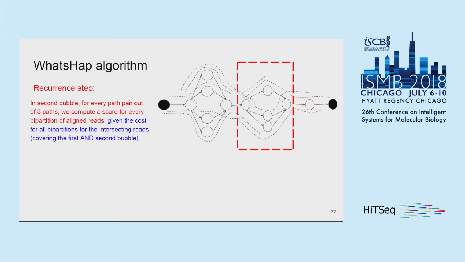Now in the recurrence step, for example, for the second bubble, we consider path pairs out of 3 paths, and we compute a score for every bipartition of aligned reads, given the cost for all bipartitions for the intersecting reads. So intersecting reads are those reads that cover the current column and the previous column.